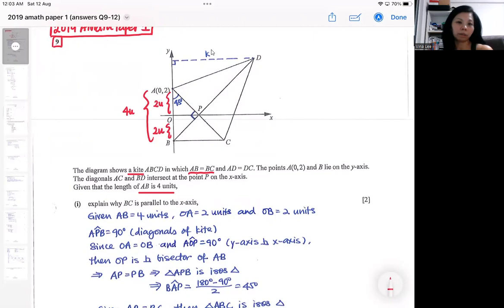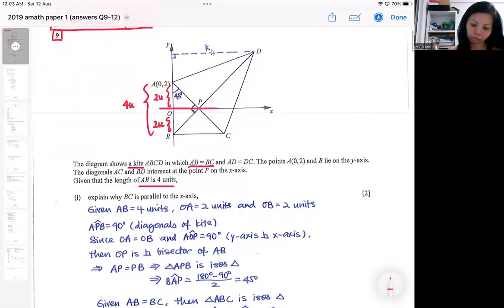So based on this observation, I will know that this one is a perpendicular bisector. There's also a 90 degree here.